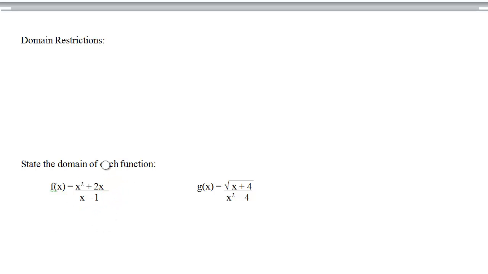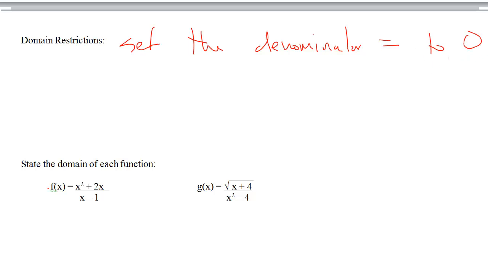What you'll see on a graph is this will actually create asymptotes, which is something that we'll talk about later on. But in order to find the domain restriction, all you really have to do is set the denominator equal to 0. So all I want to know is when is this function going to error out?